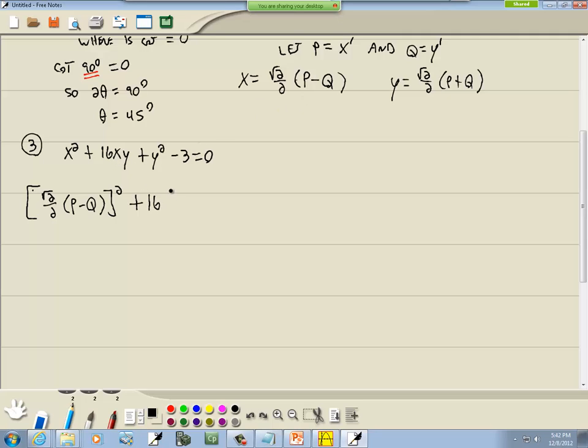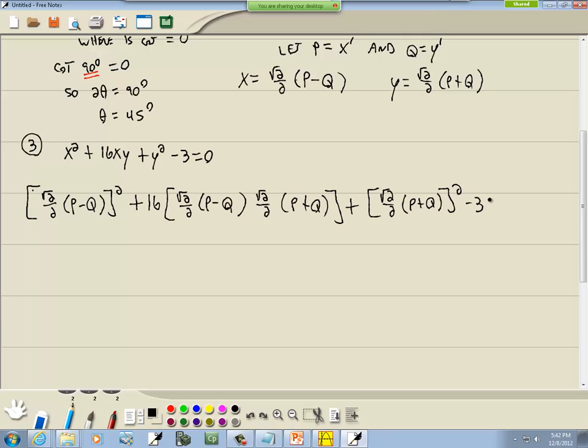So we'll put the x in there. So we got square root of 2 over 2 times (p minus q) times y, which is square root of 2 over 2 times (p plus q), plus y squared, and this is y, so we got square root of 2 over 2 times (p plus q) squared minus 3 equal to 0.